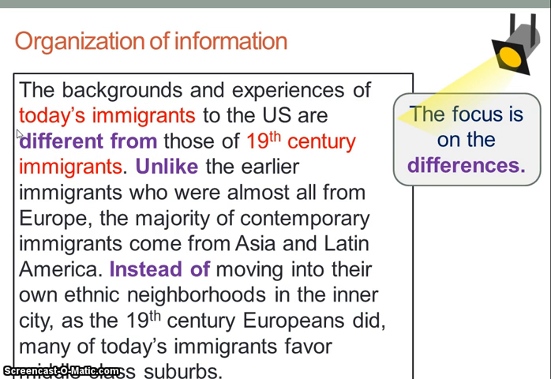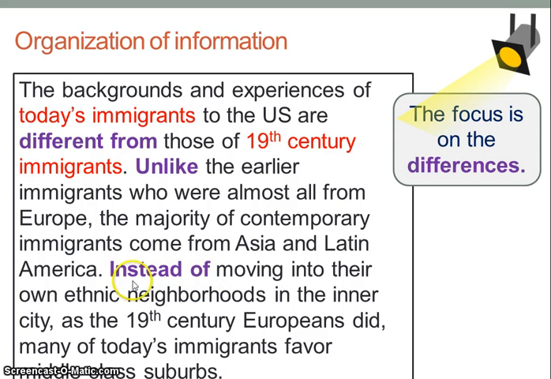That's going to show us that the focus is going to be on contrast, the differences. Unlike, again, differences. Unlike the earlier immigrants who were almost all from Europe, the majority of the contemporary immigrants come from Asia and Latin America. So in the past they were from Europe, and today from Asia and Latin America.